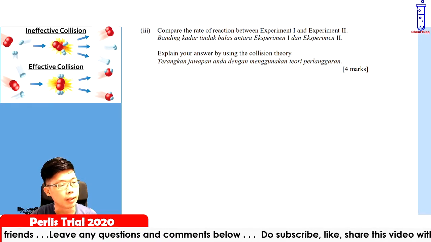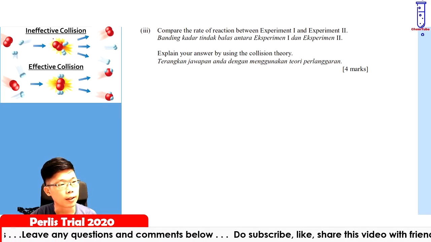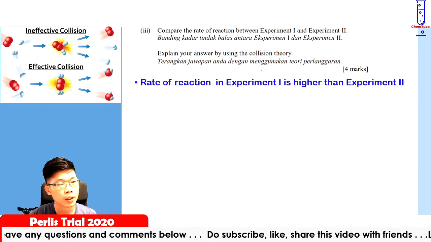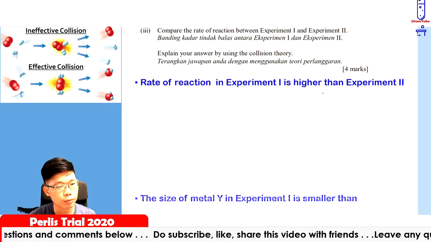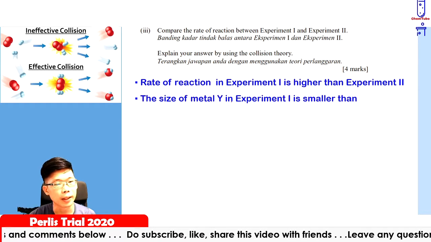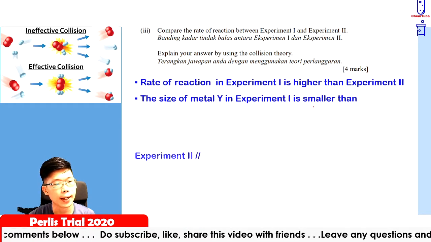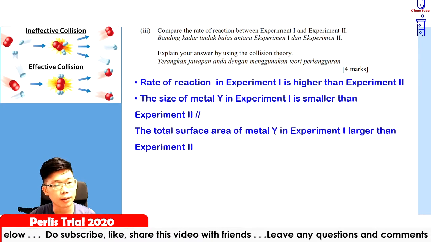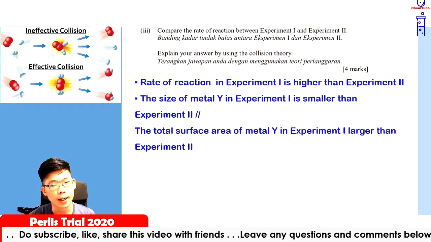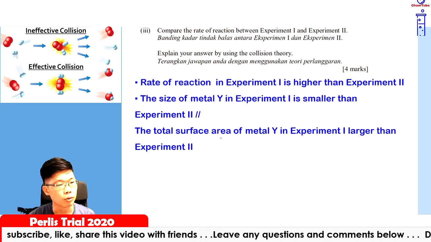Otherwise, it becomes ineffective collisions. So the rate of reaction in experiment 1 is higher than experiment 2 because the size of the metal Y in experiment 1 is smaller than experiment 2. Or you can mention the total surface area for Y in experiment 1 is larger than experiment 2.